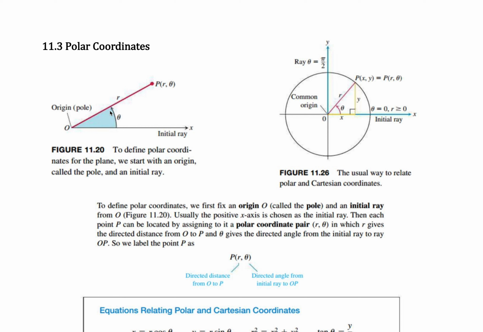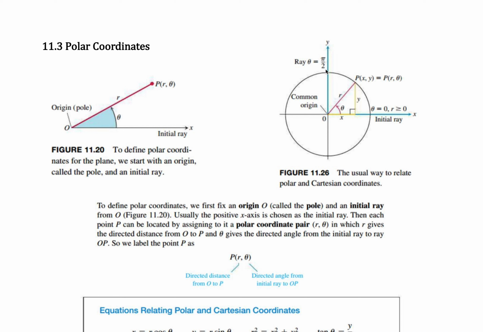Now, a couple of things to keep in mind. The way we measure angles is that we start at angle 0. So that x-axis, let me come to this picture here. The x-axis here would be theta equals 0. And as we go counterclockwise, the values of theta are going to get larger.